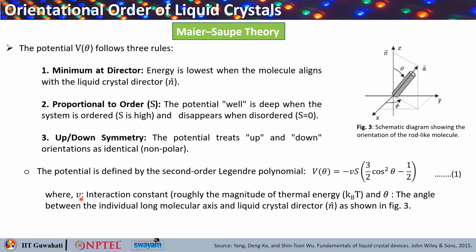Here nu is the interaction constant, which is roughly the magnitude of the thermal energy kBT, and theta is the angle between the individual long axis and the liquid crystal director, n cap, which can be seen here.